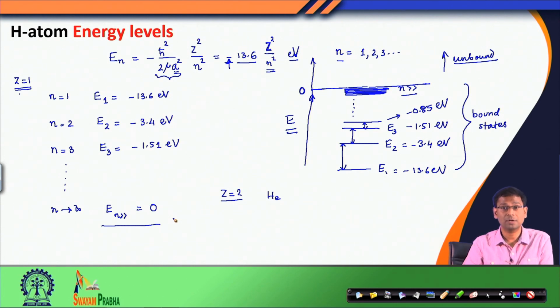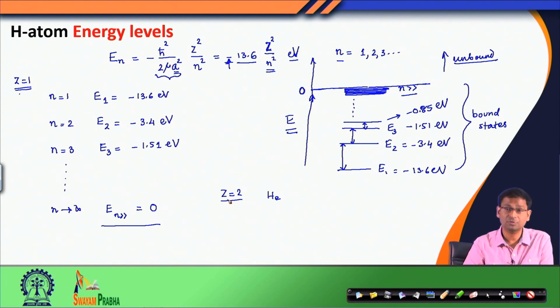Since we have not considered that electron repulsion term, we cannot extend this solution to any system which has more than 1 electron. In other words, all the results that we are getting are applicable to a system where there exists 1 electron going around in the central field of a nucleus of charge Z.